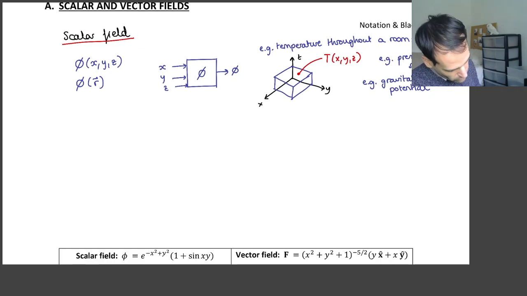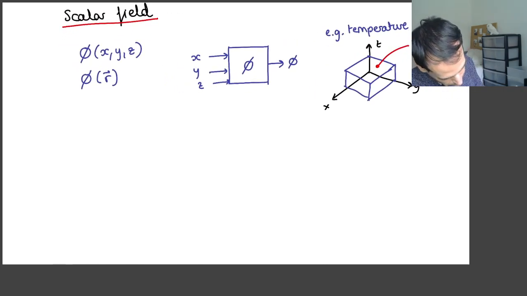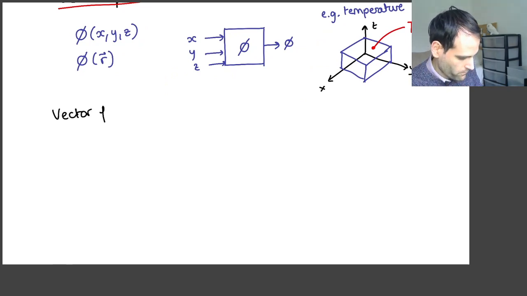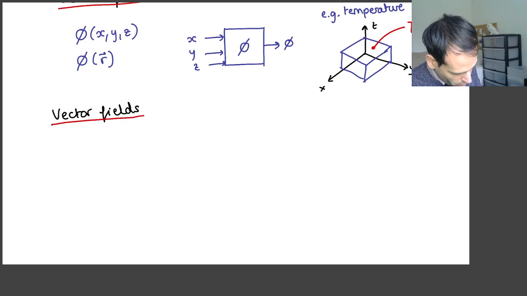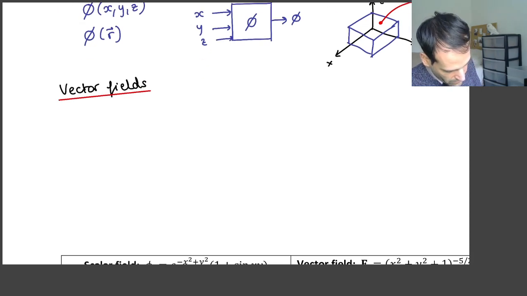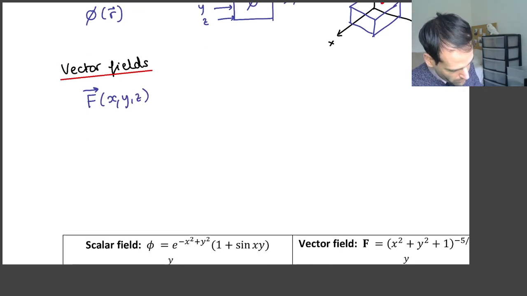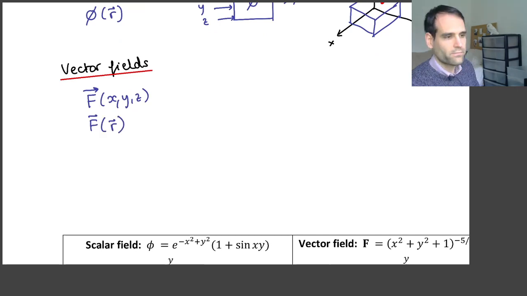Next, we can talk about vector fields. So vector fields, they are a vector which depends on position. So this I typically write as capital F vector, never forget the arrow, or underline it if you use that notation, which depends on x, y, z. Or sometimes you can write it as F, which depends on the position vector r.